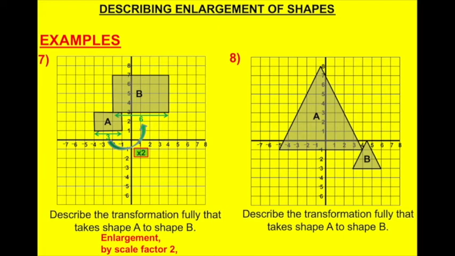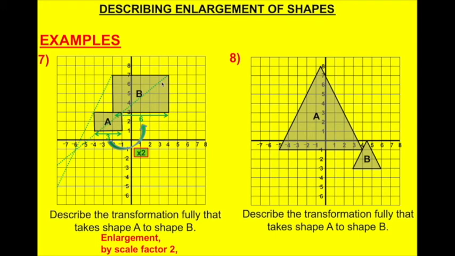But we are missing something, which is the center of enlargement. To find the center of enlargement, you connect relevant points on the object and the image, and then you draw the lines. Like so. That point there related to that point there, you draw the line.